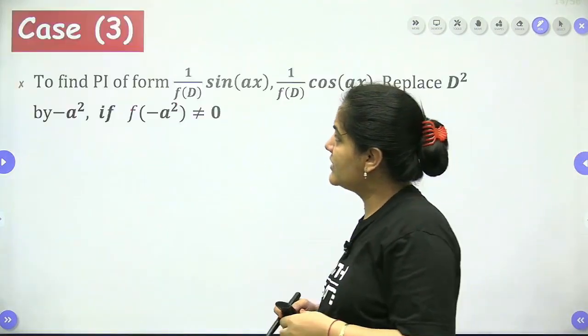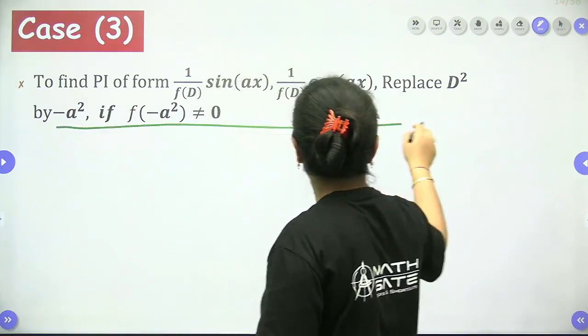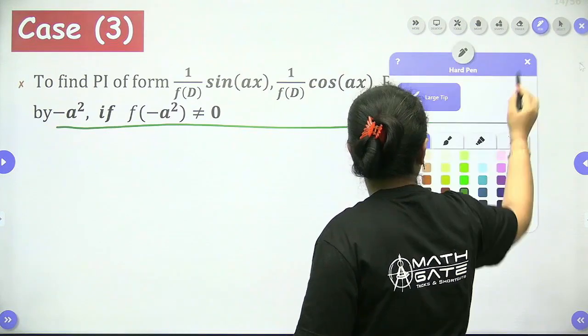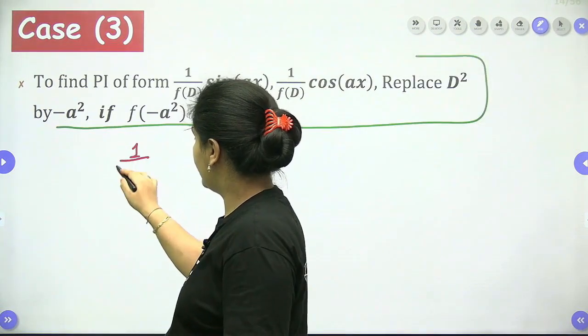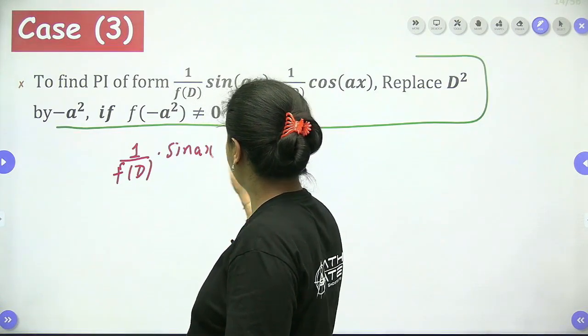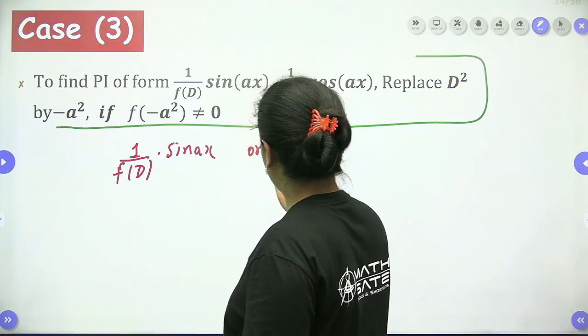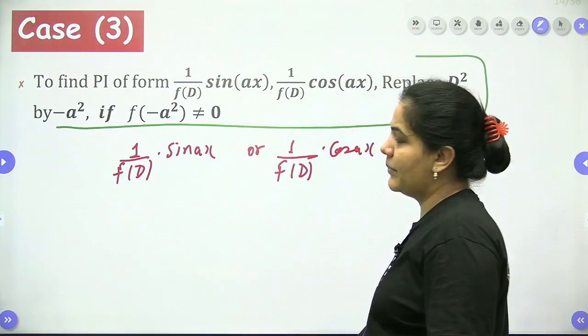Okay, guys, now let's come to case number 3. What happens when we have a sine or cos function? What happens to the PI when we have a cos or sine function? It means when we have an equation 1 by f(D) into sine of ax form, or 1 by f(D) into cos of ax form. How will we approach it, guys?